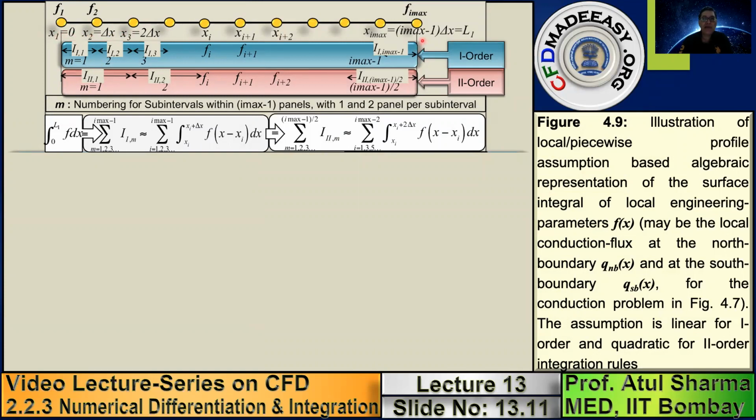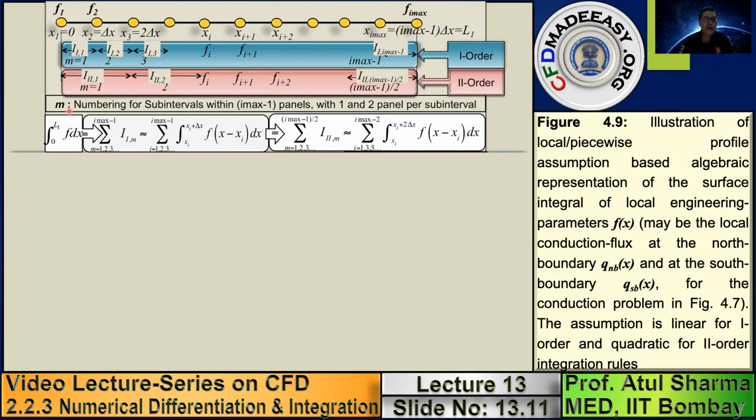So you have I max minus 1 panels, and if the interval in which your integration is done consists of one panel, then this results in first order numerical integration. Whereas if you integrate considering 3 points, then you have 2 panels.